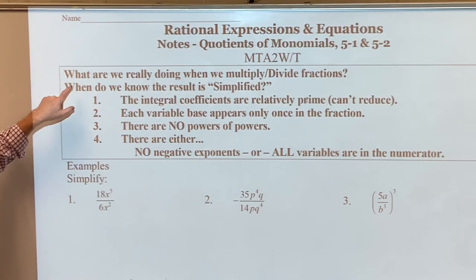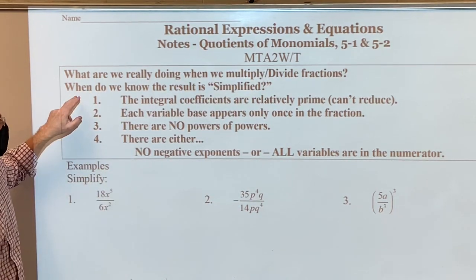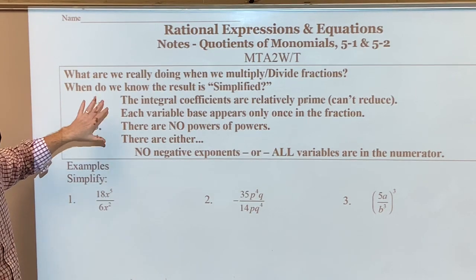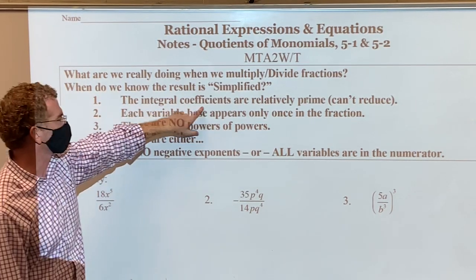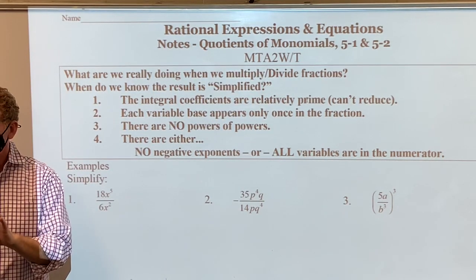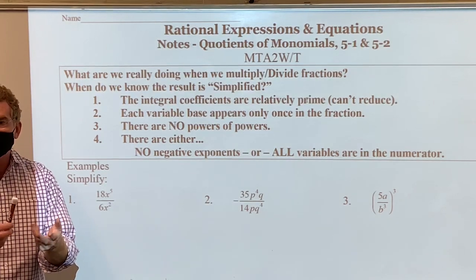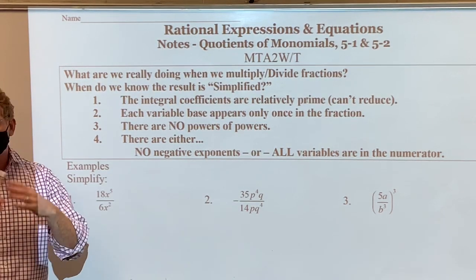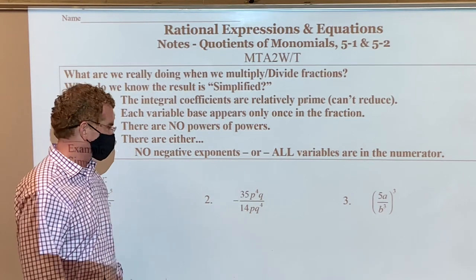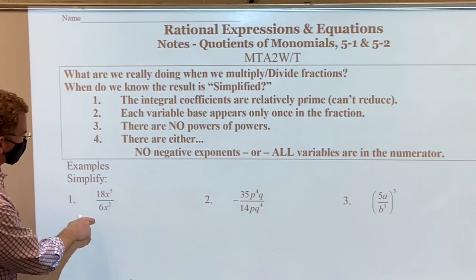But anyway, when I said, what are we doing when we multiply and divide fractions? And how do we know the results are simplified? Just make sure that when you're looking at a problem at the very end, your integral coefficients are relatively prime. You know the word relatively prime? If you don't, a prime number is like 2, 3, 5, 7, numbers that can't be broken down further.